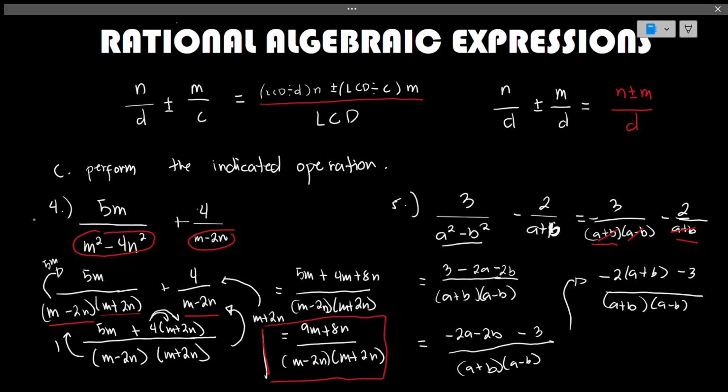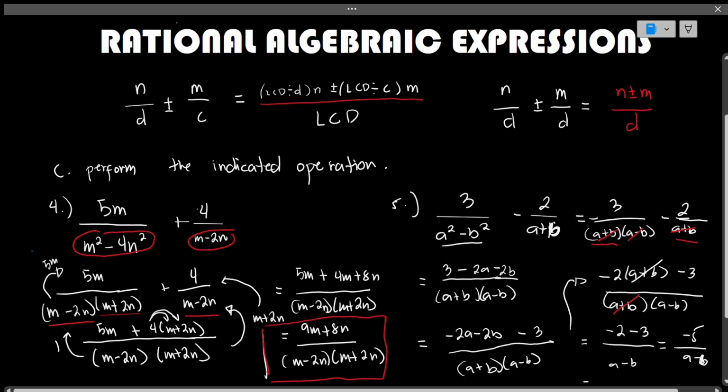So we can now cancel a plus b, and also a plus b here. So bring down negative 2 minus 3 all over a minus b. Simplify. So this is negative 5 all over a minus b. And that's your final answer.